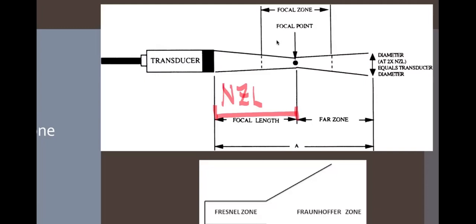Well, if I double that, so this is one near zone length, if I do two near zone lengths and I go to this side here, my beam is going to be the same diameter as it was when it first started, at the beginning of the focal length, or when it first left the transducer. So you can even see here, the diameter at two near zone lengths equals the transducer diameter.